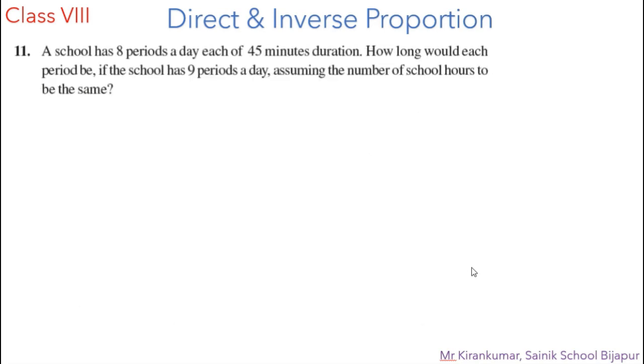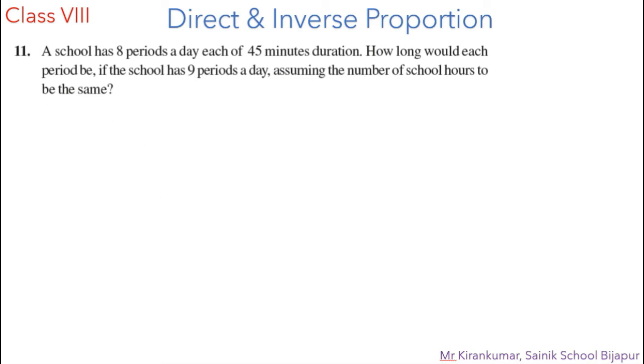Question number 11. A school has 8 periods a day, each of 45-minute duration. How long would each period be if the school has 9 periods a day, assuming the number of hours would be the same? Here it's clearly in inverse proportion.